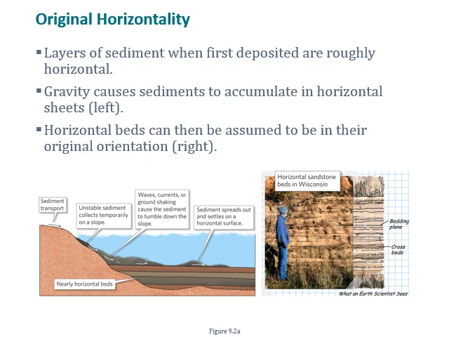This is a result of gravity producing sediments in horizontal sheets, which is in the photo on the left. Then we translate that information to rocks after they've been lithified from sediments, and we understand that horizontal beds in these sedimentary rocks can then also be assumed to be in their original orientation. This is shown in the photo on the right.